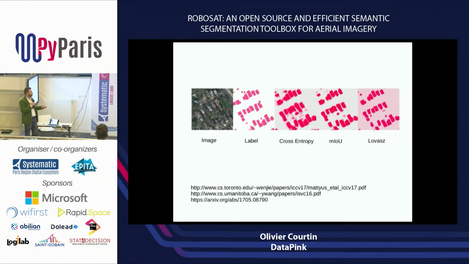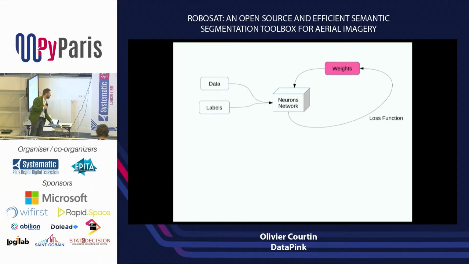So in fact, there are new losses which are able to help on the training part, and they are also provided inside Robosat. So you can use both the surrogate on intersection over union and the Lovász losses.